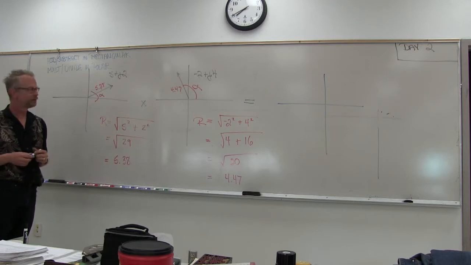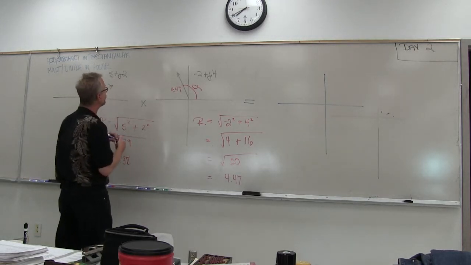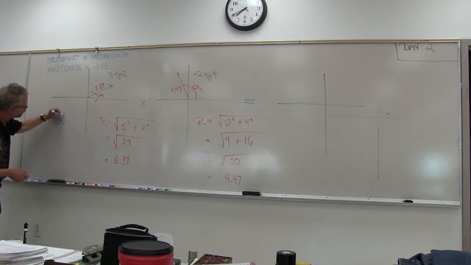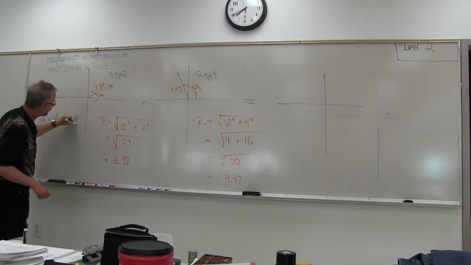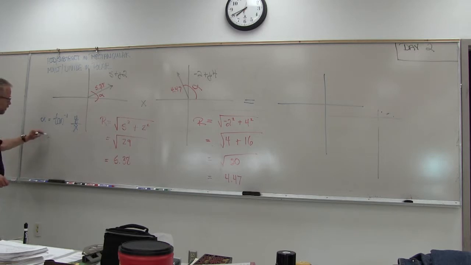What about the angle? The angle is equal to the inverse tangent. Remember we derived this yesterday from the SOHCAHTOA formula. Inverse tangent of y over x. In this case, that will be equal to the inverse tangent of y, which is 2, divided by x, which is 5.